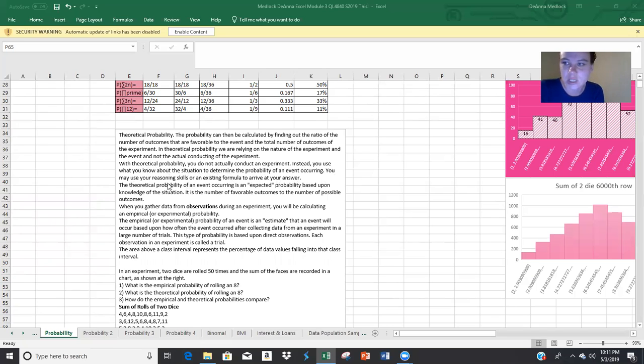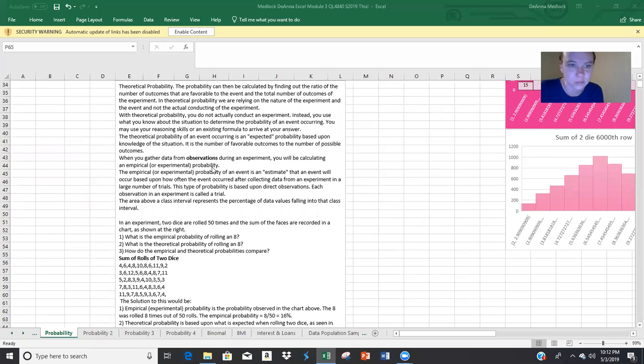You may use your reasoning skills or a formula to arrive at your answer, which we use the formula. The theoretical probability of an event occurring is an expected probability based upon knowledge of the situation. It is the number of favorable outcomes to the number of possible outcomes.